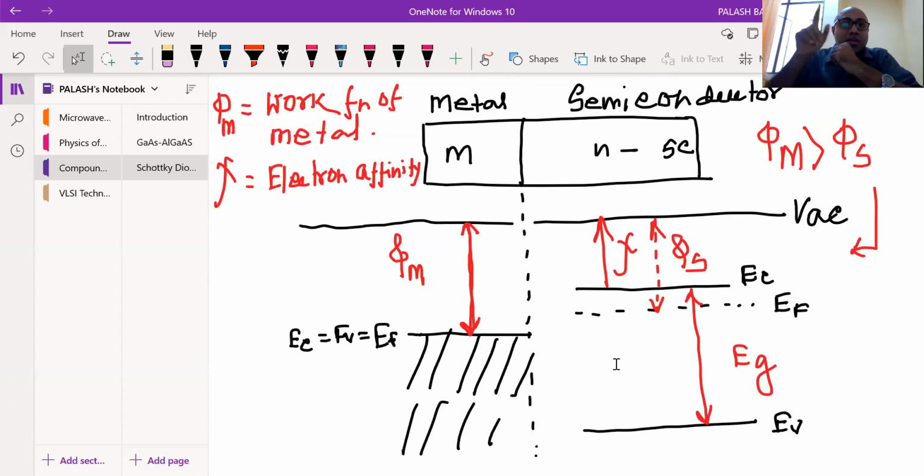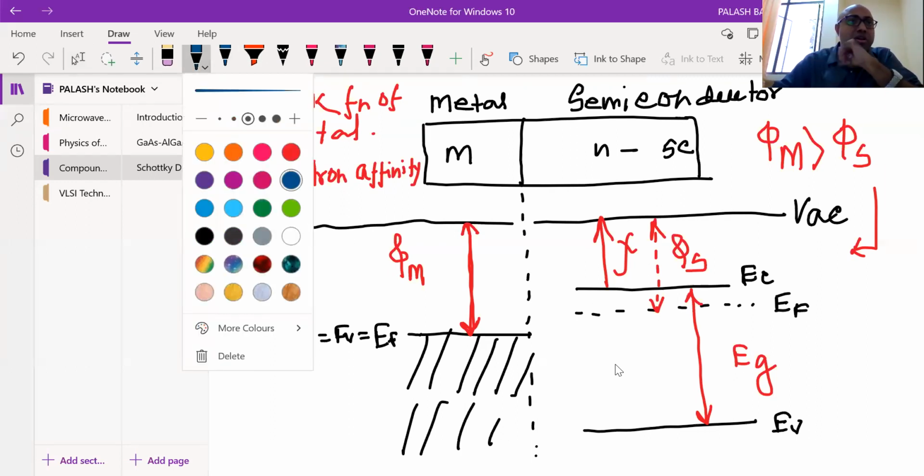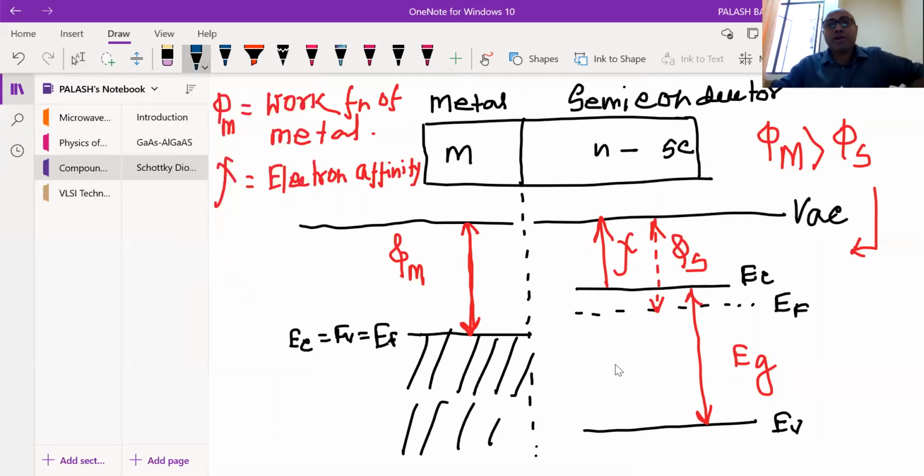Look at that. Look at this part very carefully, because it is similar to your PN junction diode. What will happen?